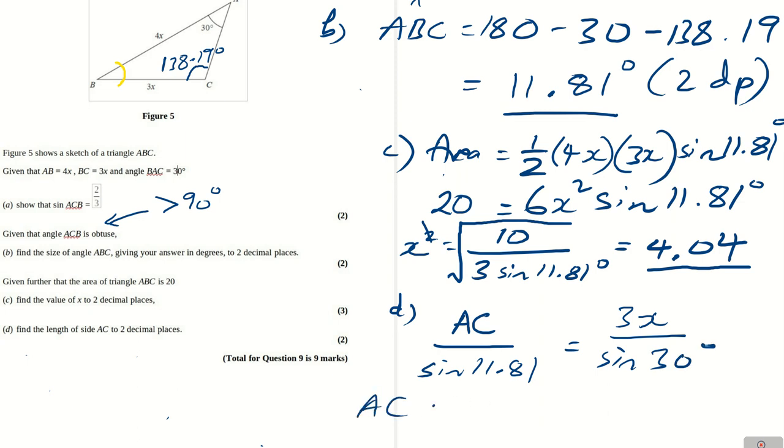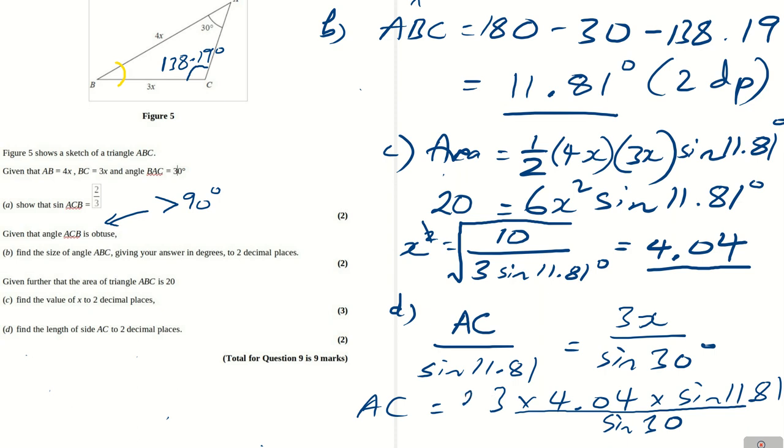So AC is going to equal, now we know that x is 4.04 times 3 sine 11.81 divided by sine of 30. Remember sine of 30 was a half, so that's the same as timesing the top by 2.